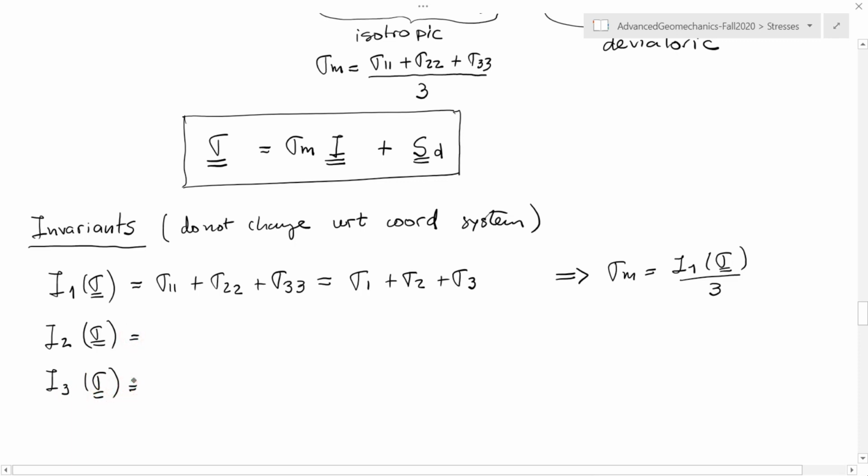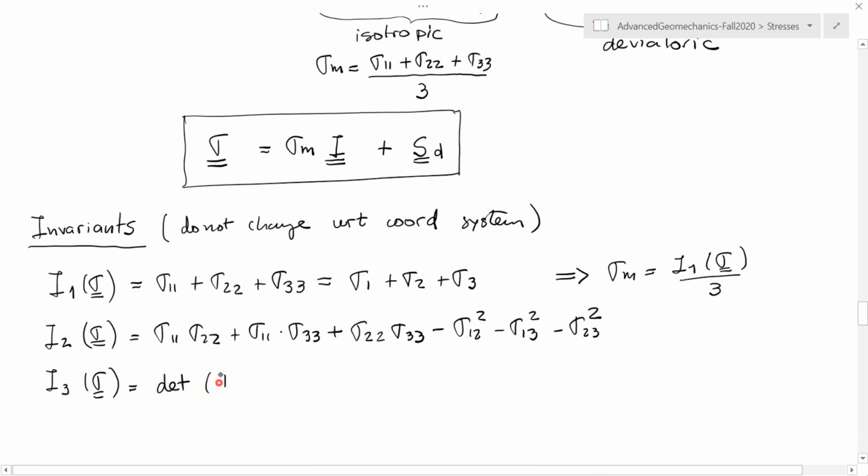The second invariant is going to be calculated with the equation I'm writing right now, and it's a summation of products of the principal stresses in the diagonal with also a quantification of the off-diagonal terms. And the third invariant is going to be equal to the determinant of the stress tensor.